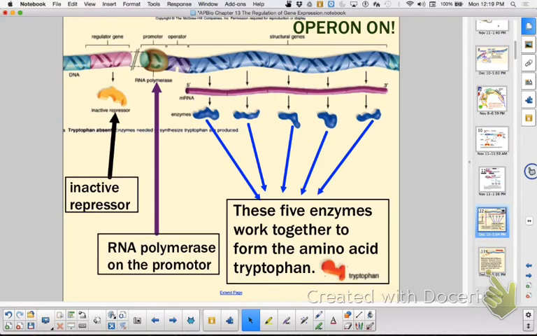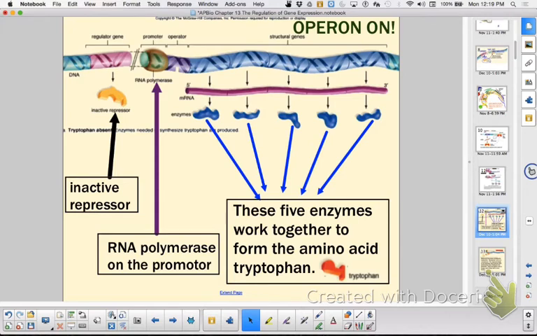And if RNA polymerase is on the promoter, you're going to make your mRNA, and that mRNA is going to be translated on a ribosome into some sort of protein. Okay? This is all about building some sort of protein. In this case, you're building 5 different proteins, 5 different enzymes who are going to work together to give you the end product of this amino acid, tryptophan.